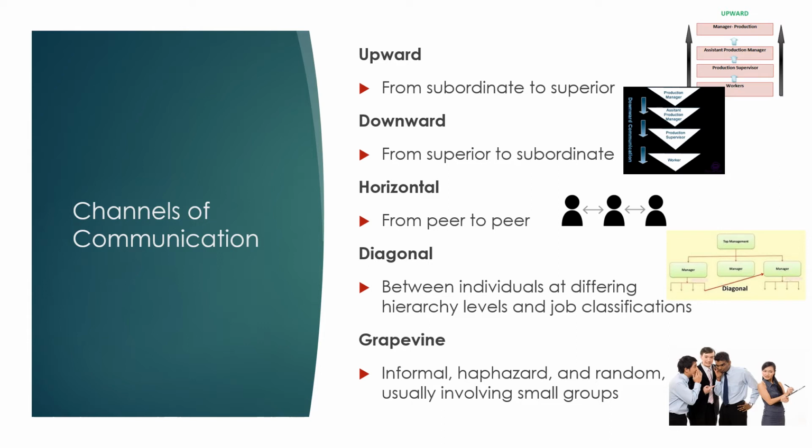Horizontal communication are individuals that interact with others on the same hierarchy. Diagonal communication is the interaction with individuals from other departments and groups who are not on the same level as the organizational hierarchy. And then grapevine communication flows quickly, haphazardly among people of all hierarchies.